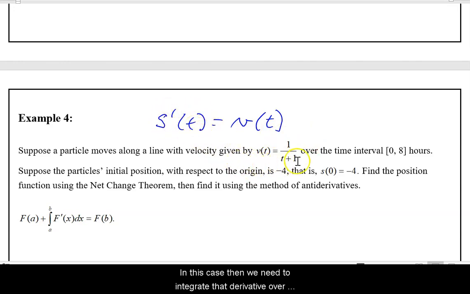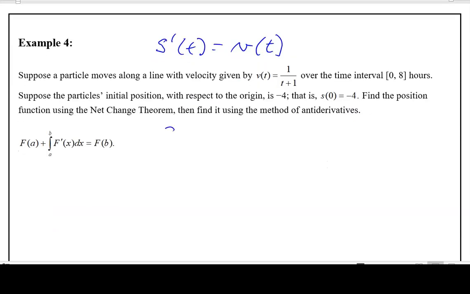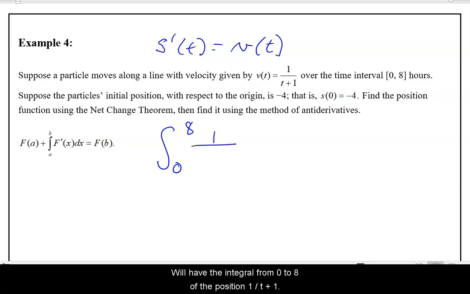In this case, then, we need to integrate that derivative over the time interval from 0 to 8. This is using the net change theorem. We'll have the integral from 0 to 8 of 1 over t plus 1 dt. To integrate this, we can look at it several different ways.